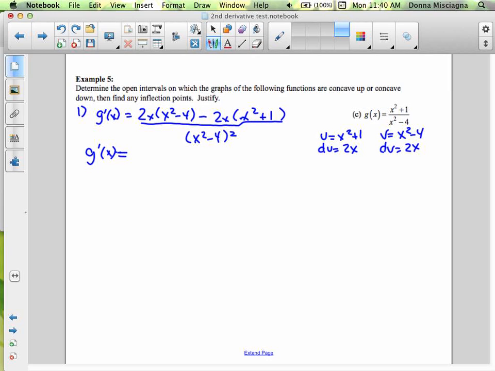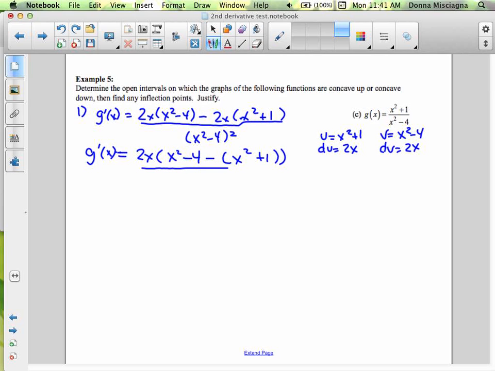There we go. So g prime of x is equal to, we could pull out the 2x, and then we get a lot simpler. We'd have x squared minus 4, and then we need to distribute that negative, right? So the negative gets distributed to the x squared plus 1.